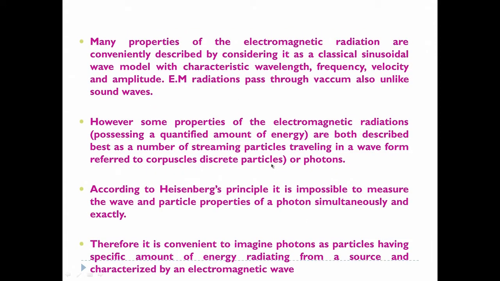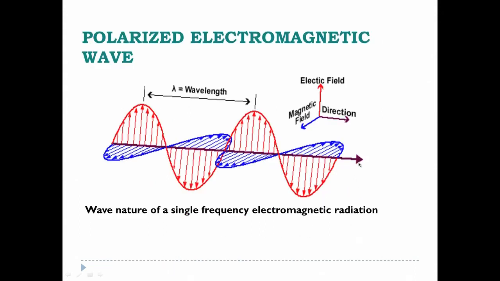It is impossible to determine the wave and particle properties of a photon simultaneously and exactly. That is, if we go back, here is the particle, but I can only determine its position, not the velocity, and vice versa.